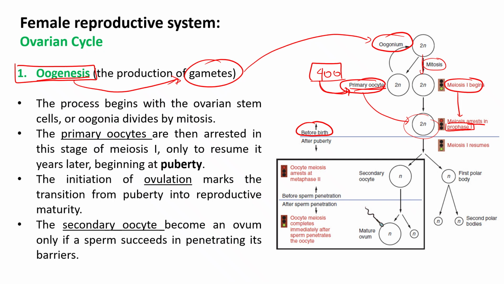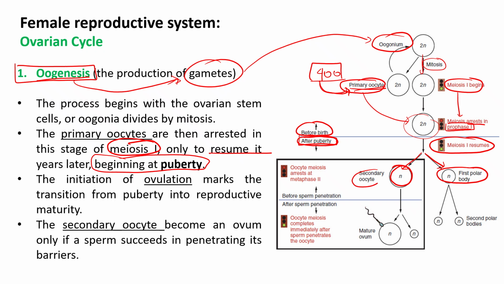This will continue once the girl reaches puberty. After puberty, when that process starts, meiosis 1 will resume. Then, instead of a primary oocyte, the result of this meiosis 1 division will give you the first polar body plus a secondary oocyte.